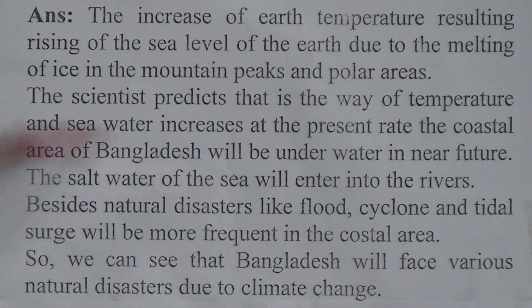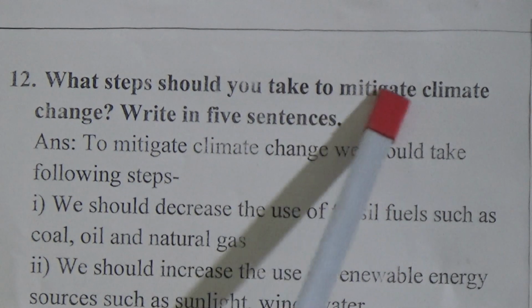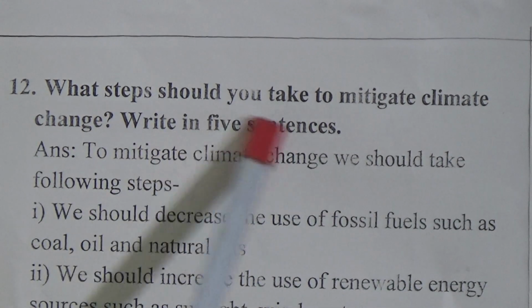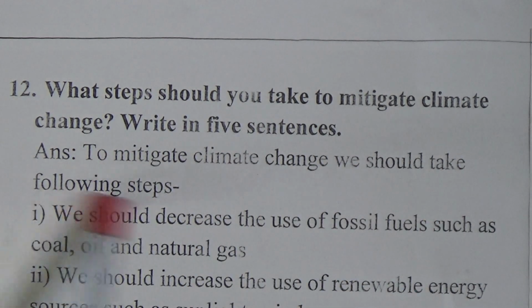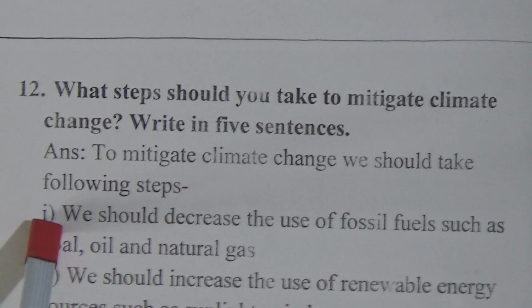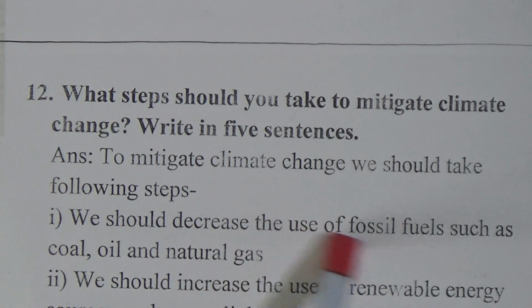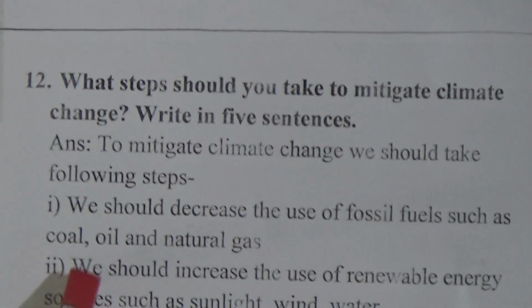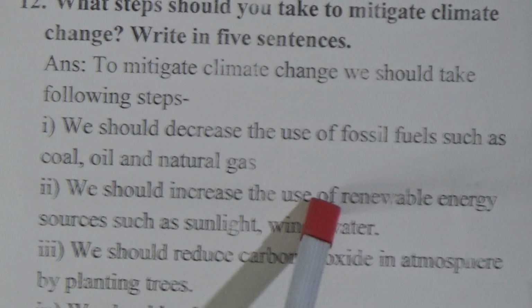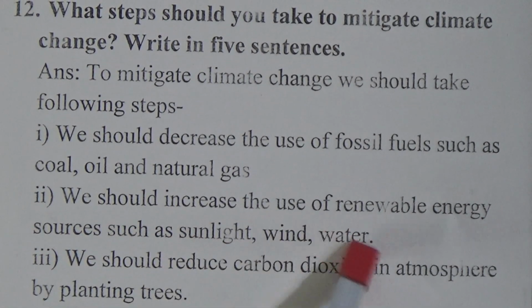Now, come to the next question, question number 12. What steps should you take to mitigate climate change? Write in 5 sentences. The answer is, to mitigate climate change, we should take the following steps. The first step is, we should decrease the use of fossil fuels such as coal, oil and natural gas. Second one is we should increase the use of renewable energy sources such as sunlight, wind, water.